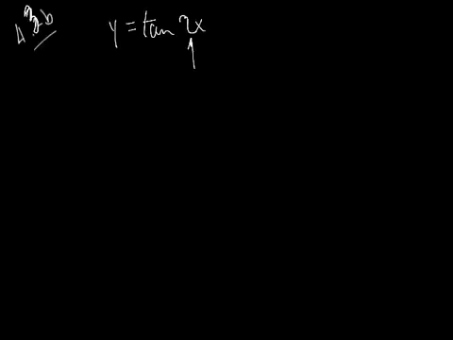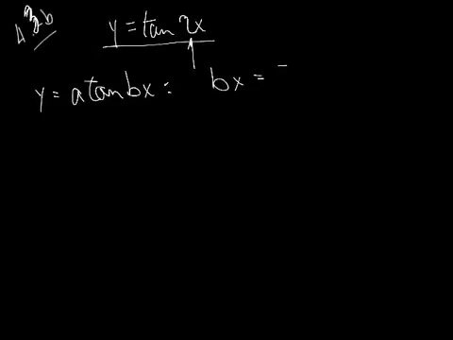Now, when we have a tangent, in the blue box on page 161, under step 1, it says when y equals a tan bx, which is the form we've got right now, where the number in front of the tangent is a 1 and the b is the number 2, then bx equals negative pi over 2 and it equals pi over 2.